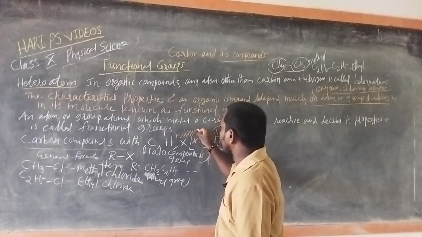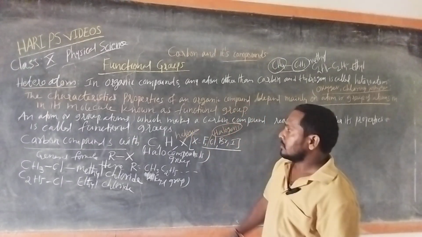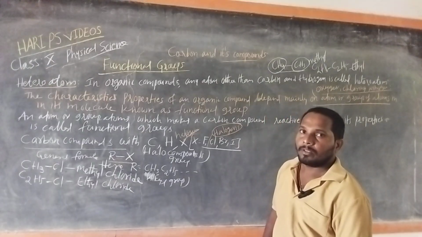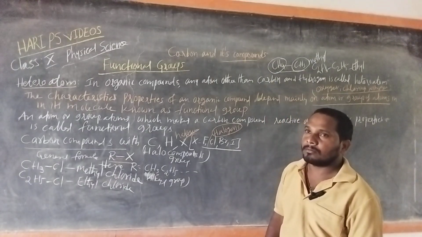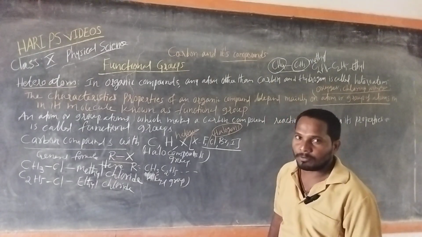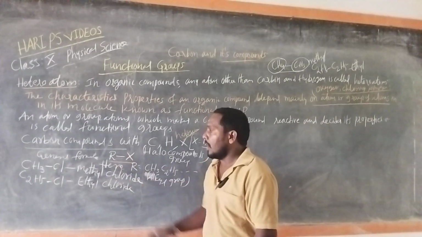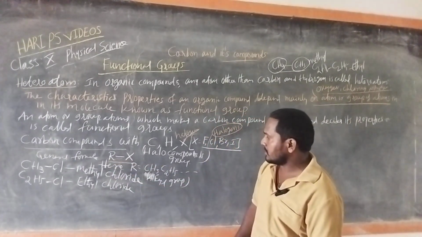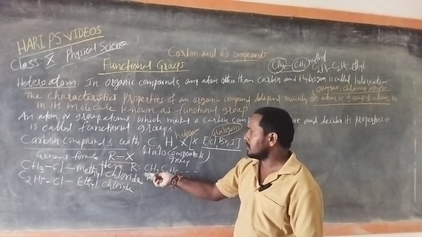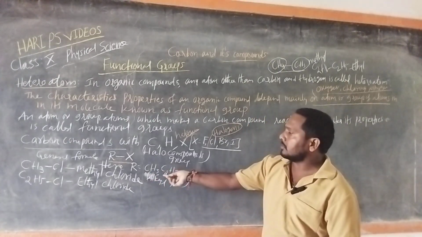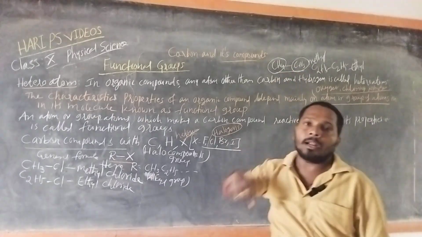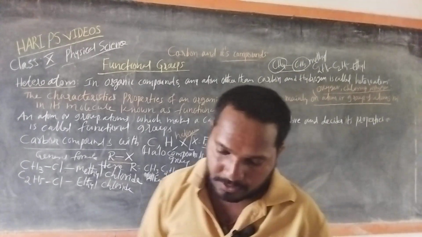The general form is RX. R represents an alkyl group, like CH3, C2H5, obtained if we remove one hydrogen from alkanes.